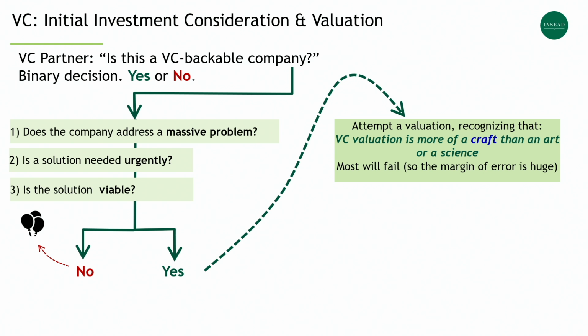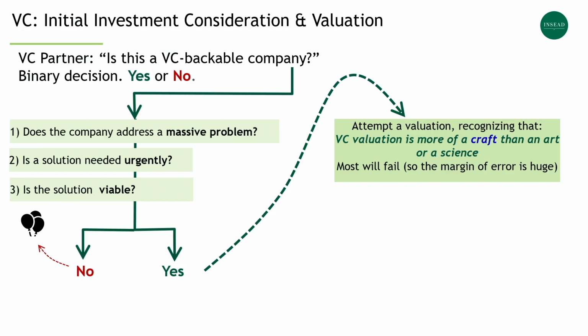If it is a yes, then the VC will make an attempt at valuation, because we need to arrive at a valuation for the company to decide what the percentage equity ownership will be, or the allocated ownership to the VC fund.